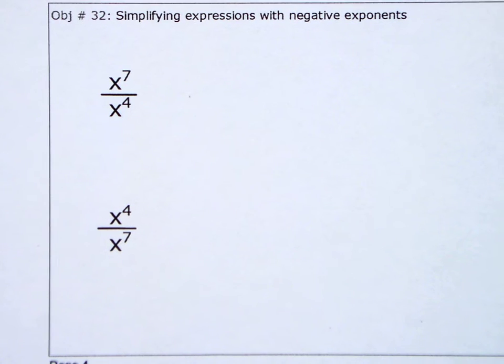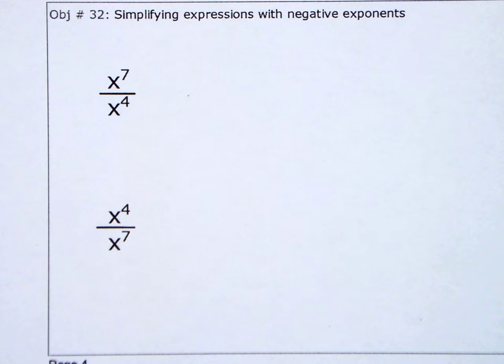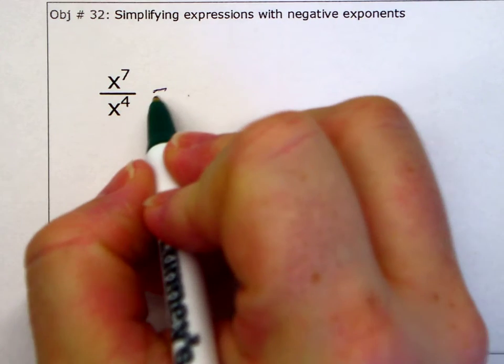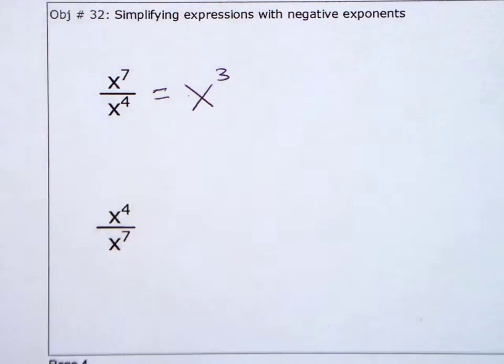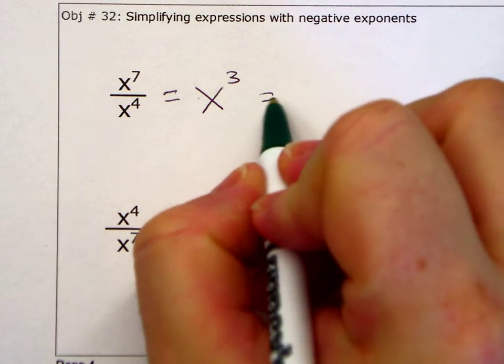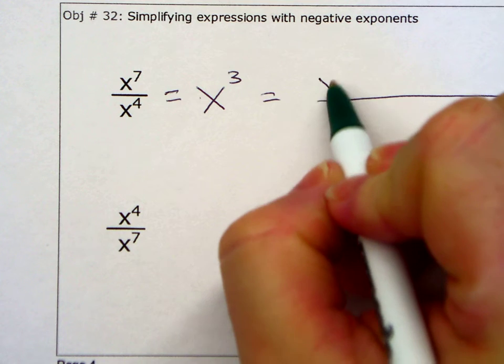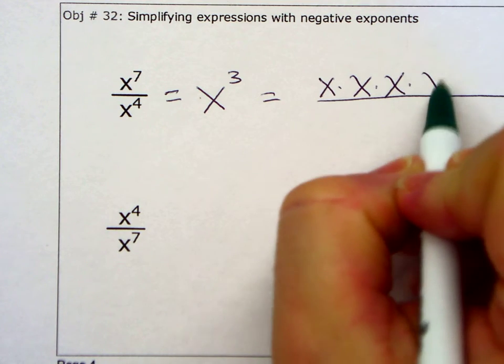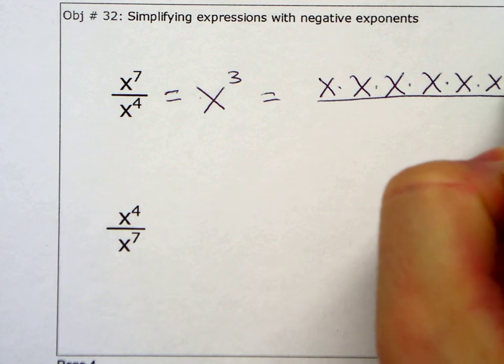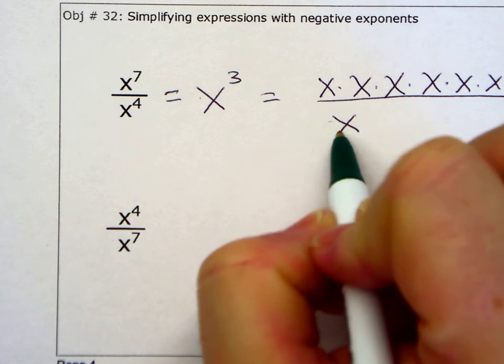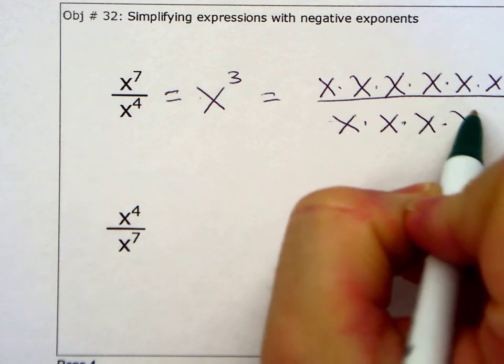All right, so let's look at these now. What is x to the 7 over x to the 4? We're just going to look at this in another way. What do you get? x to the third. Why is it x to the third? We talked about this when we learned this in September. There are 7 x's: 1, 2, 3, 4, 5, 6, 7 over 4: 1, 2, 3, 4.